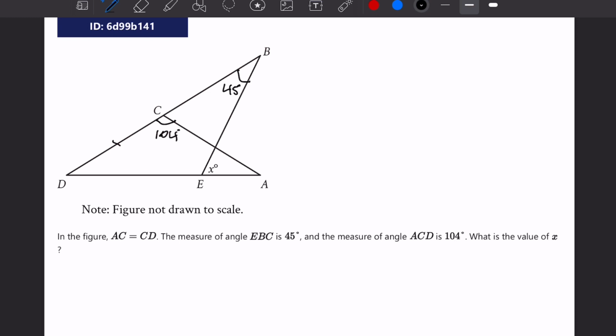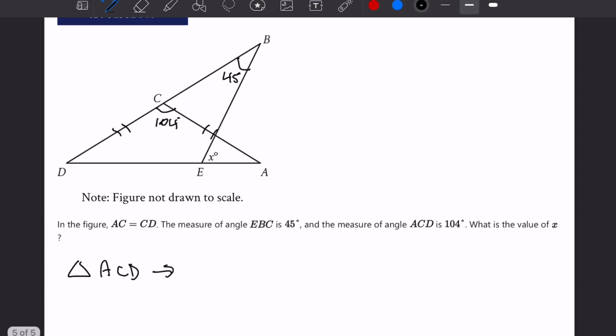And we also know that CD is equal to AC. So if we look at the triangle ACD, we know that this is isosceles. So we could easily find the angle CDA, which is equal to 180 minus 104 divided by 2.